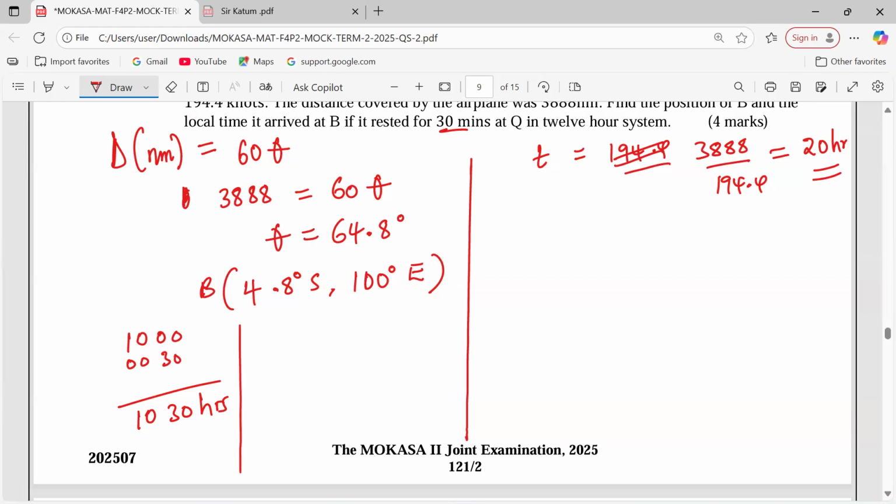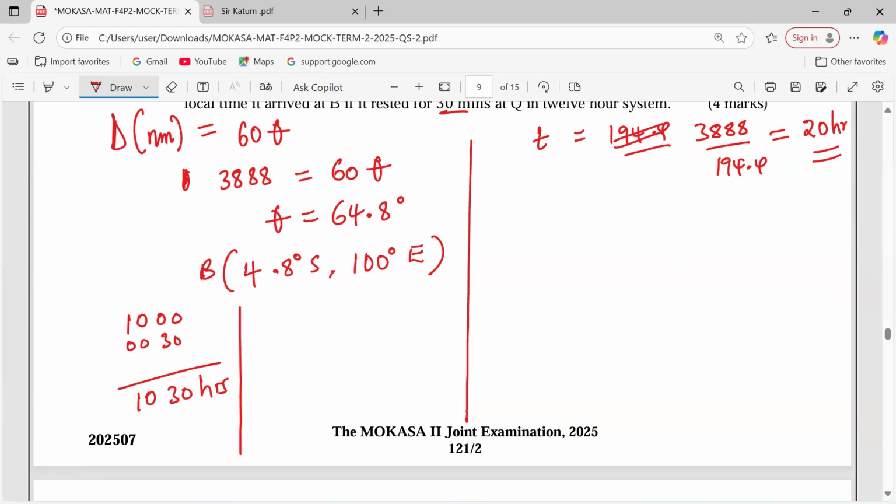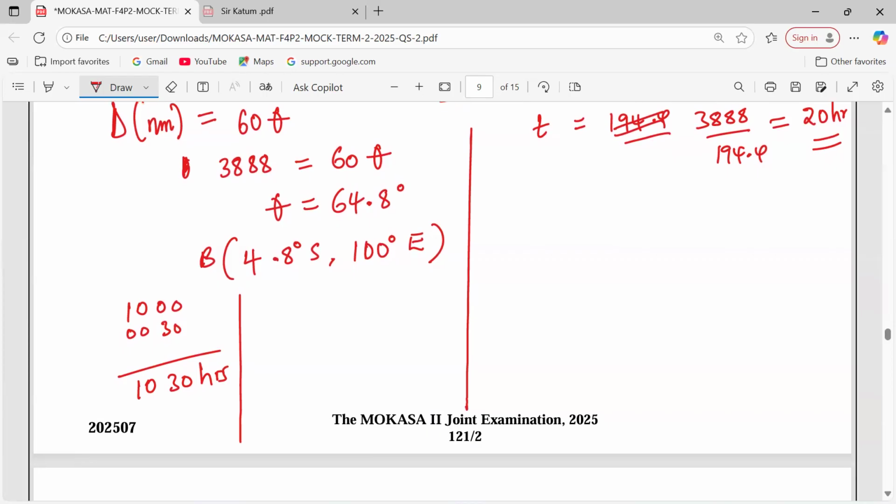So with 10.5 and needing 24 hours to finish the day, we are remaining with 13.5 hours. So when 13.5 hours are added here, the day ends.